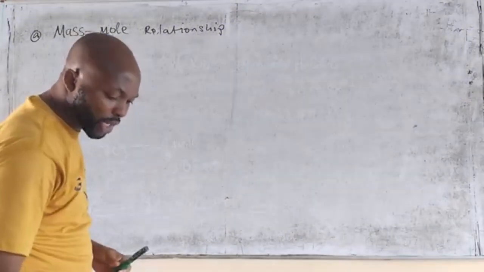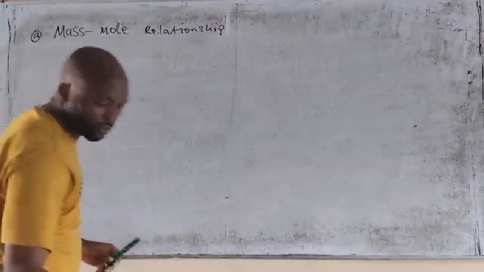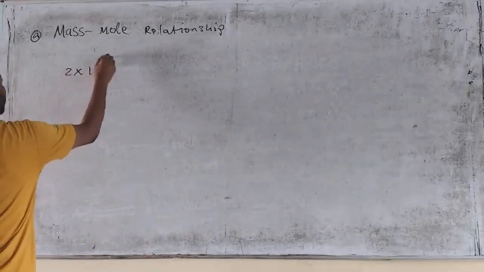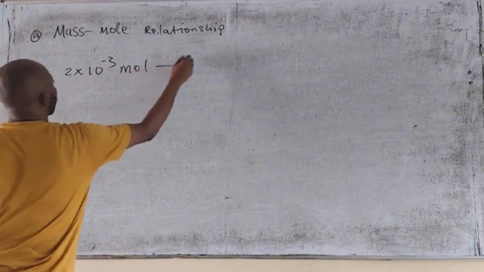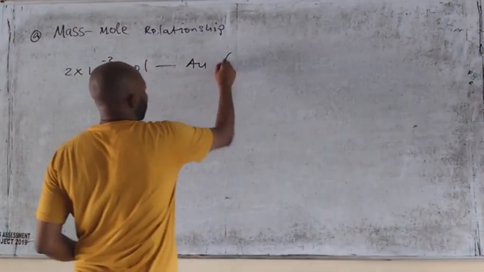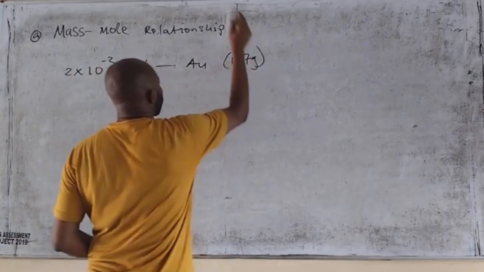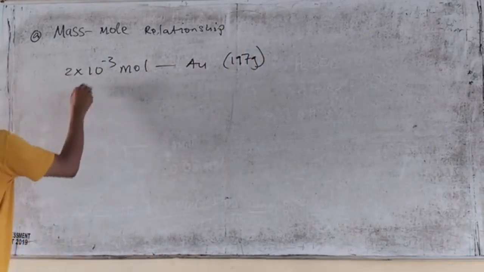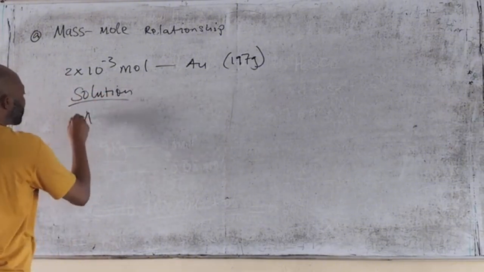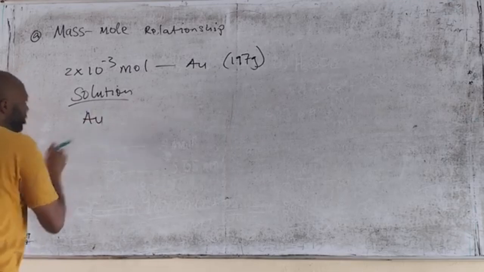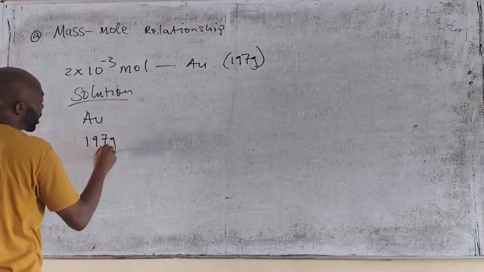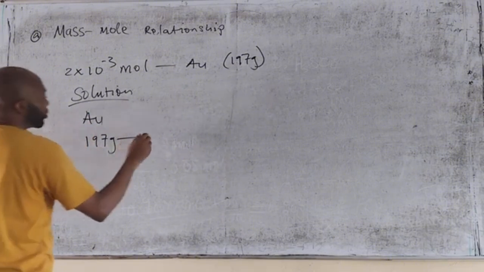You say calculate in grams the mass of 2 times 10 raised to minus 3 mole of Au, gold. The relative atomic mass of Au is 197 grams. So let's start with that. We have our solution here. The mass of gold, the symbol for gold is Au, is 197 grams, and that is equivalent to 1 mole.